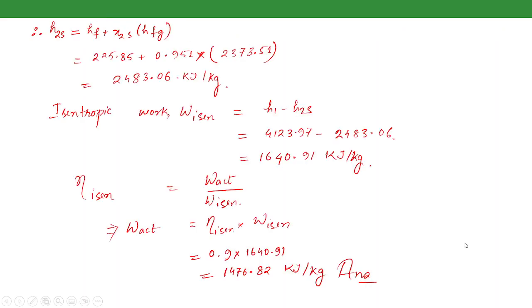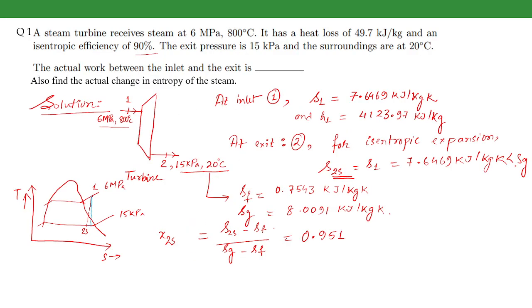We have been told that in the actual process there is a heat loss of 49.7 kilojoule per kg. So in the actual process from 1 to 2, there will be a heat loss of 49.7 kilojoule. From 1 to 2s there is no heat loss, because it is an isentropic process, which has to be reversible and adiabatic.